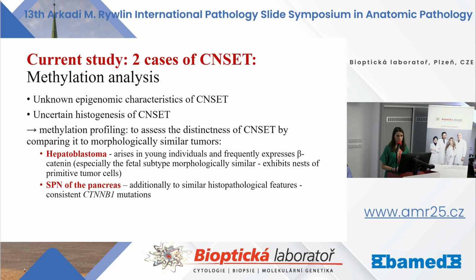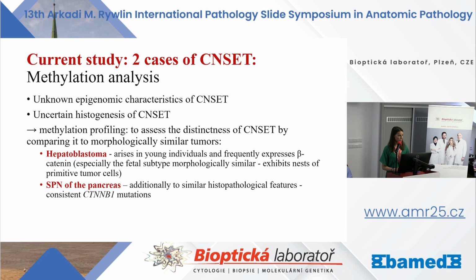And we also included in methylation analysis solid pseudopapillary neoplasm of the pancreas, which is a tumor not usually included in traditional differential diagnostic options, but because the SPN of the pancreas also has a predilection to occur in young female individuals, and there are consistent CTNNB1 mutations, and also from the morphological point of view, this tumor is not dissimilar from calcifying stromal epithelial tumor of the liver.